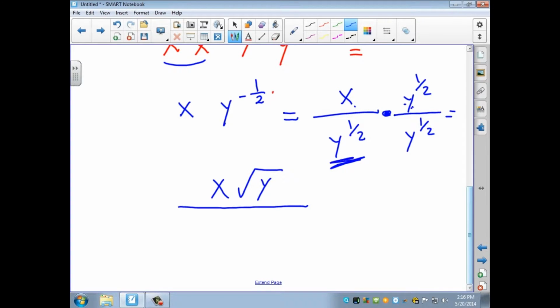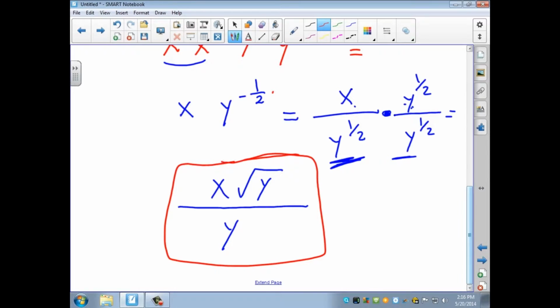And denominator y to the 1/2 times y to the 1/2, you write the y and add up the 1/2 and 1/2. 1/2 plus 1/2 would be equal to 1. Therefore, this would be the correct answer for you.